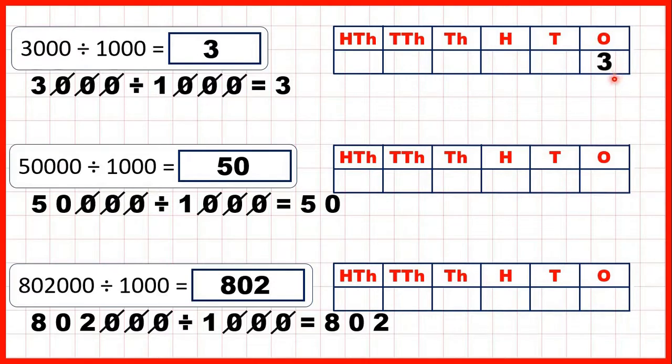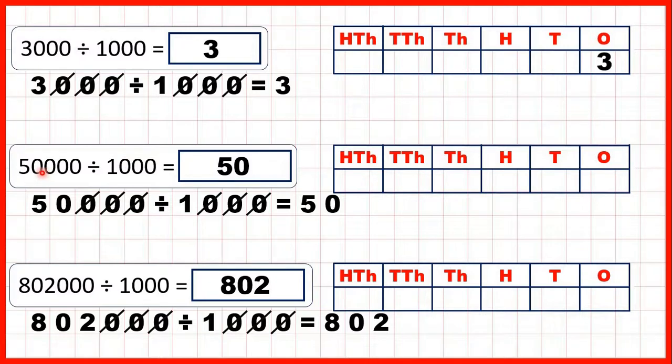And again, it's important to understand that only zeros can disappear off the place value chart. If we had any non-zero digits in this number, we would have to extend our place value chart into decimals. But here, for these questions, because the numbers that we're dividing end in 3 zeros, we can just ignore those end zeros or cancel those end zeros to give us our answer.